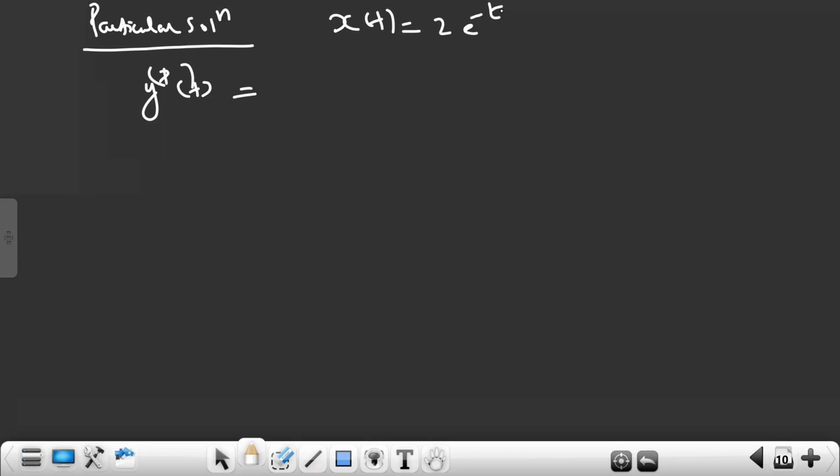K into e power minus t, equation number 2.